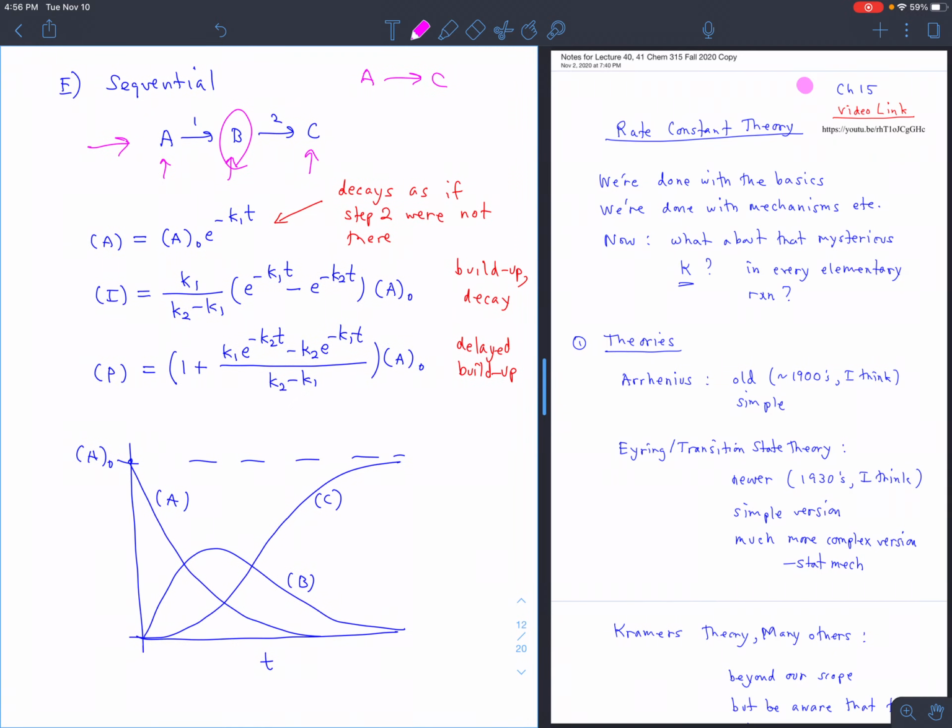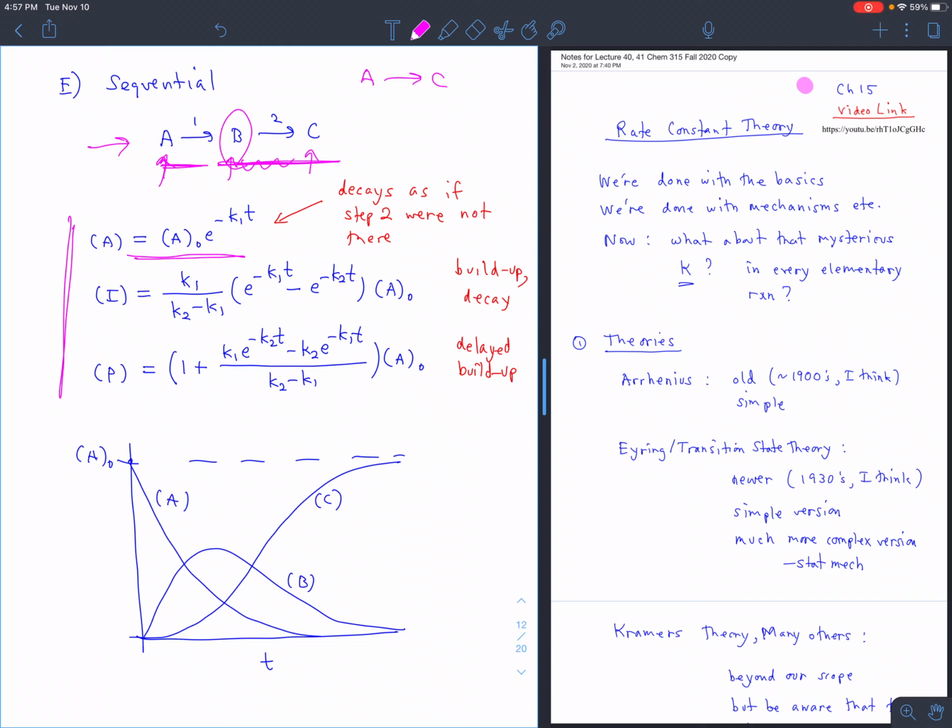If you solve the rate equations, I won't even write the rate equations down in this case, but if you solve them, you get these expressions. Notice that the first one here is the same as the first order integrated rate law that we looked at earlier. In other words, A disappears in exactly the same way as if these other things weren't present at all.